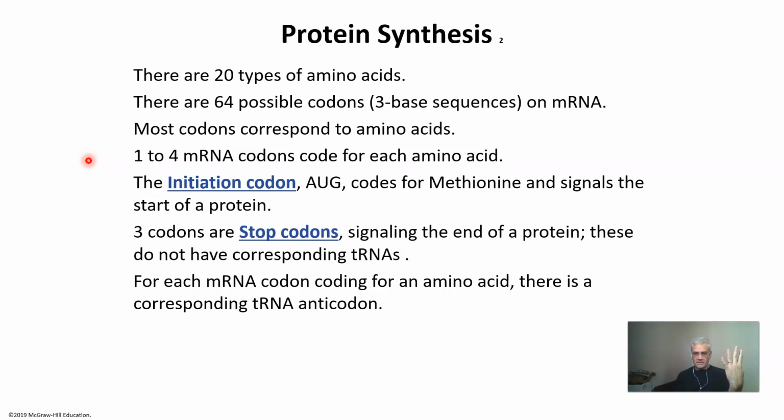Right? 4 times 4 times 4 gives me 64 possible combinations of those 4 bases. That's way more than I need, but 4 is not enough. 4 times 4, 16, that's not enough. 4 times 4 times 4, 64, that's enough. It's more than enough.